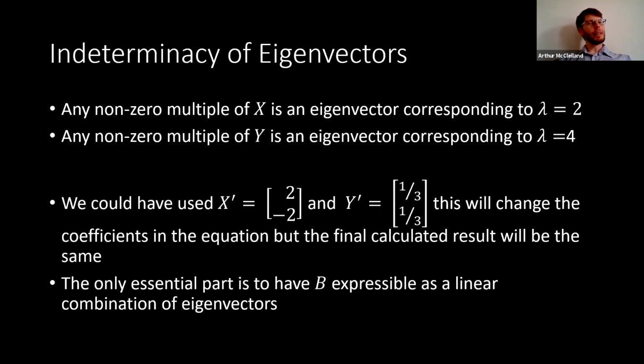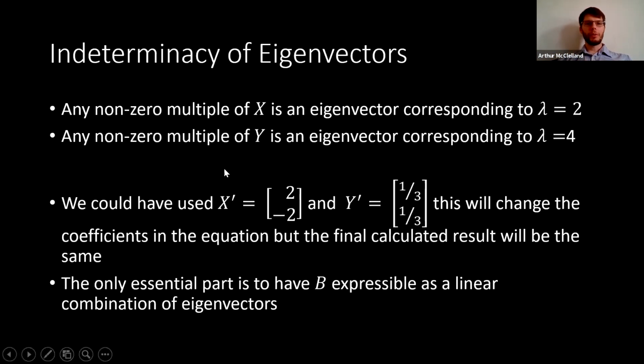Coming back to that, eigenvectors aren't unique. There's this indeterminacy of eigenvectors. Any non-zero multiple of x is also an eigenvector corresponding to the eigenvalue lambda equals 2. Any non-zero multiple of y is an eigenvector corresponding to the eigenvalue lambda equals 4.